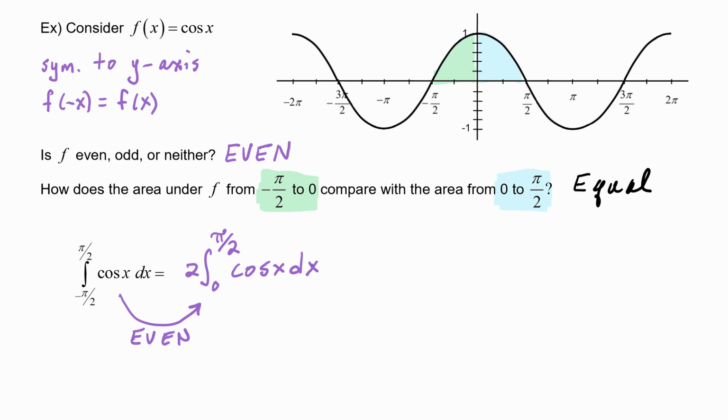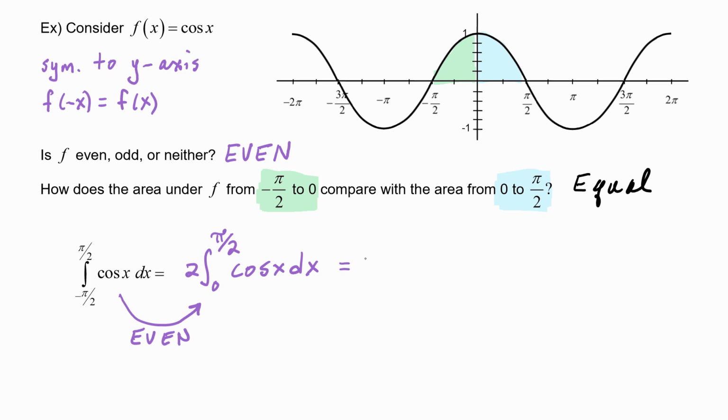And the only time you can do that is if you have an even function, because you know the area to the left of the y-axis is going to be exactly the same as the area to the right of the y-axis, so you can just do that right-hand side integral and double it.